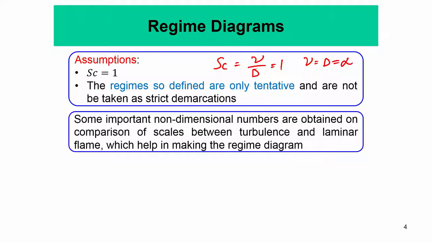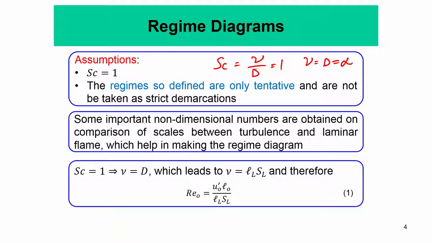Now, some important non-dimensional numbers are obtained on comparison of scales between turbulence and the laminar flame, which help in making the regime diagram. So, what are these non-dimensional numbers? The first, of course, as you can understand from a turbulence class, is the Reynolds number.